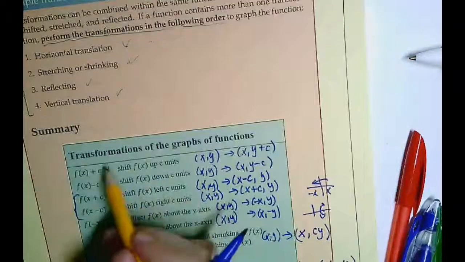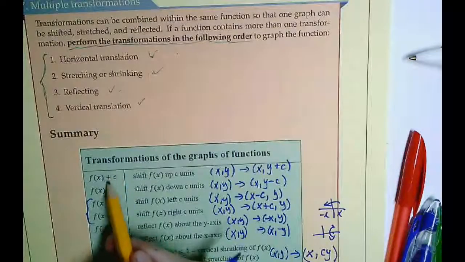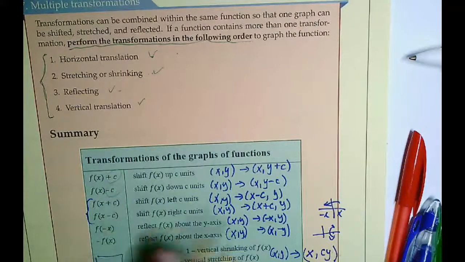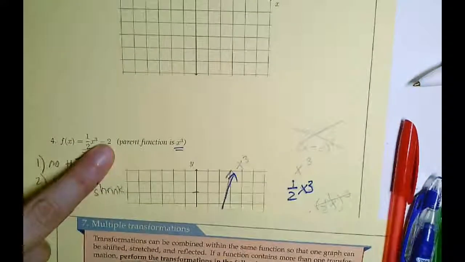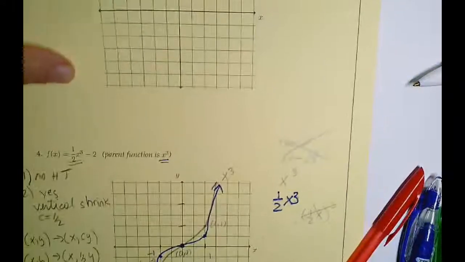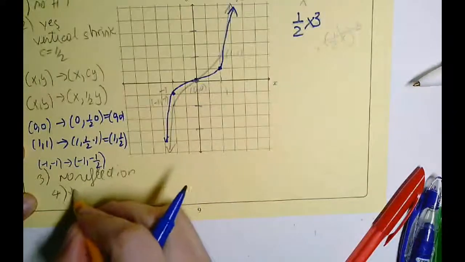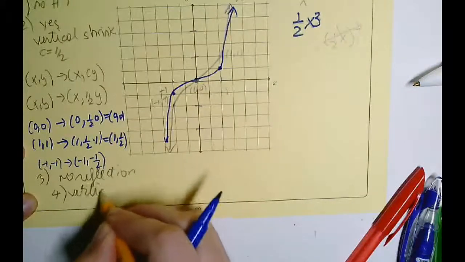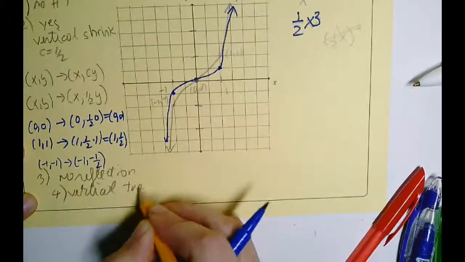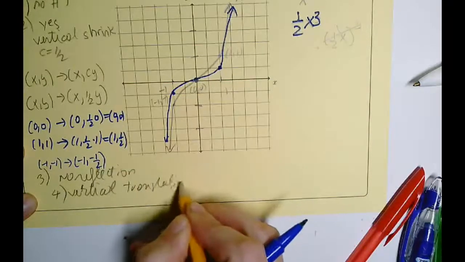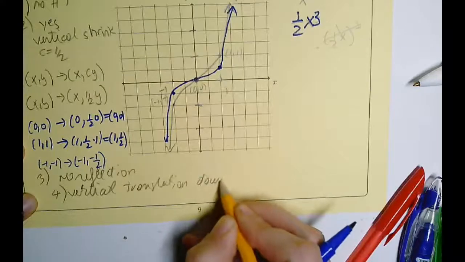Yes, vertical translation happens when you add a c or subtract a c. In our case, we have this -2, so that means that we have a vertical translation down 2 units.